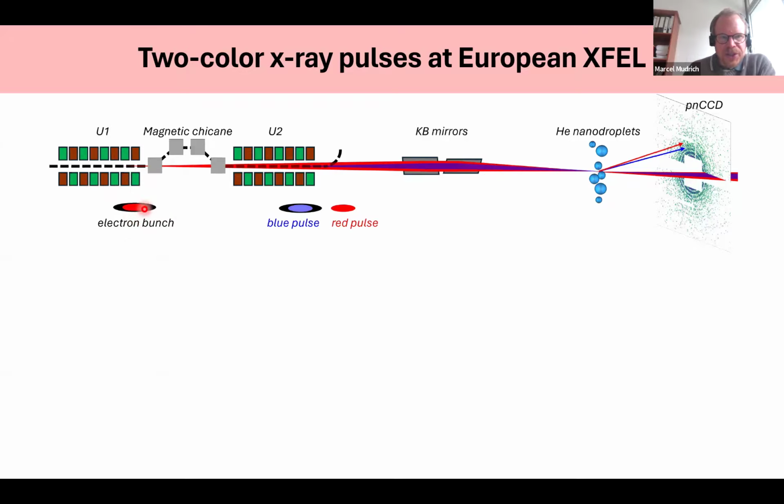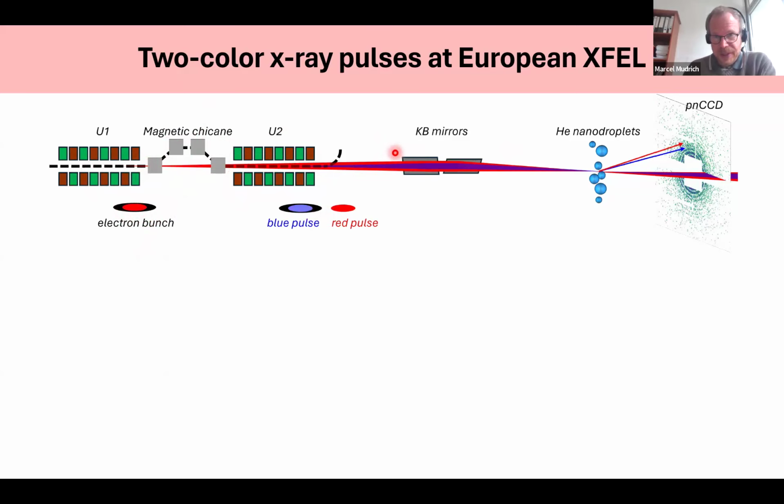The electron bunch here produces first, let's say, a red X-ray photon pulse, which keeps traveling along the beamline, and then the same electron bunch is injected into the second undulator with some time delay to produce a second blue pulse.